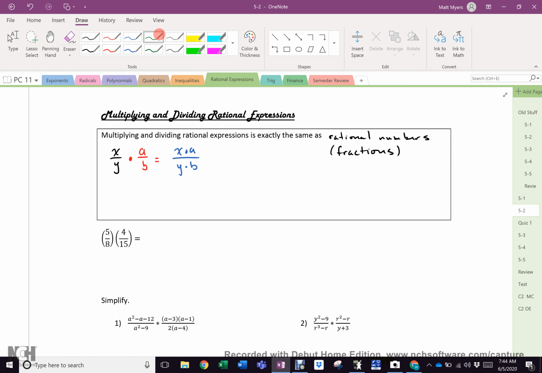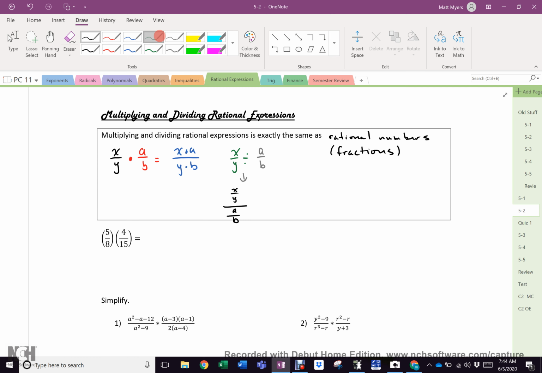And similarly, dividing x over y divided by a over b. Now this, you have to remember, is the same as if I wrote x over y over a over b.